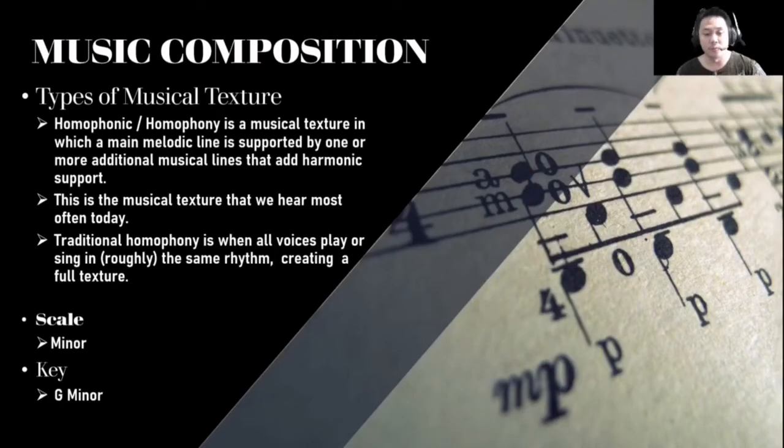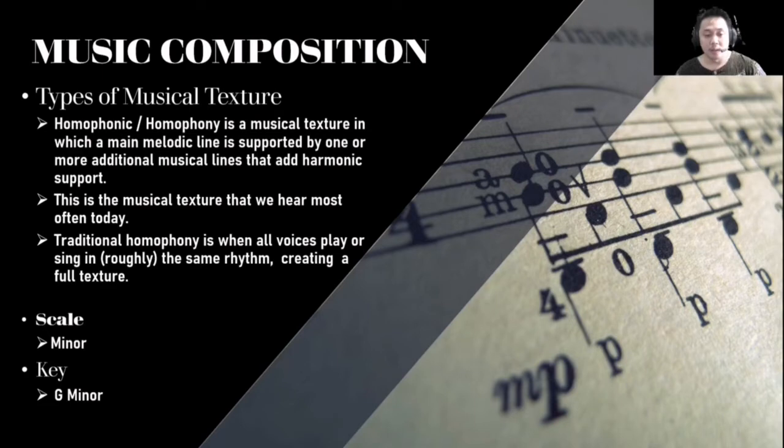The type of music texture we use is called homophonic, or homophony. It is a musical texture in which a main melodic line is supported by one or more additional music lines that add harmonic support.